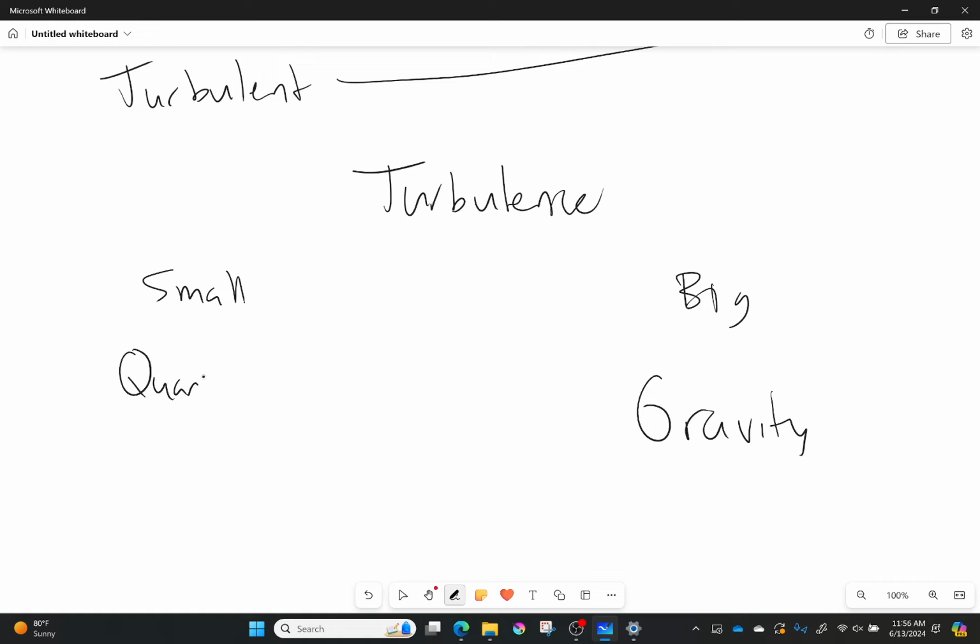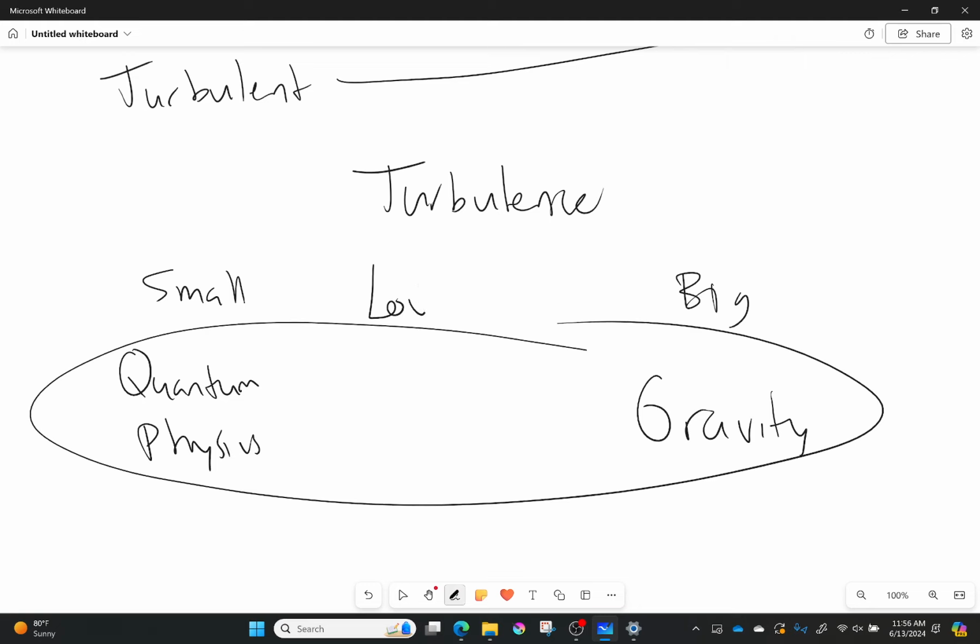Quantum physics is amazing at small scales, but not at big scales. We're still looking for this unified theory, a way of combining these. If we can find a way to combine them, it will be great. We just have not gotten there yet.